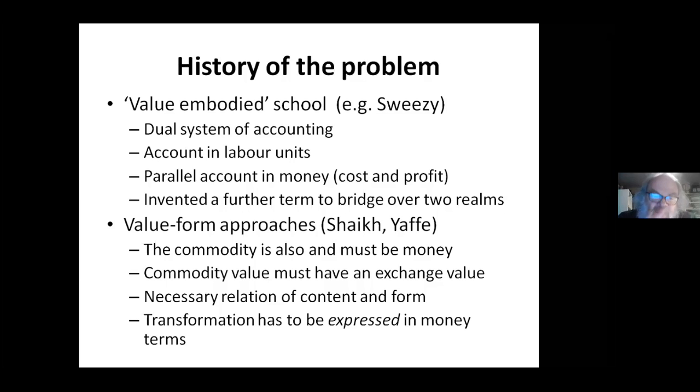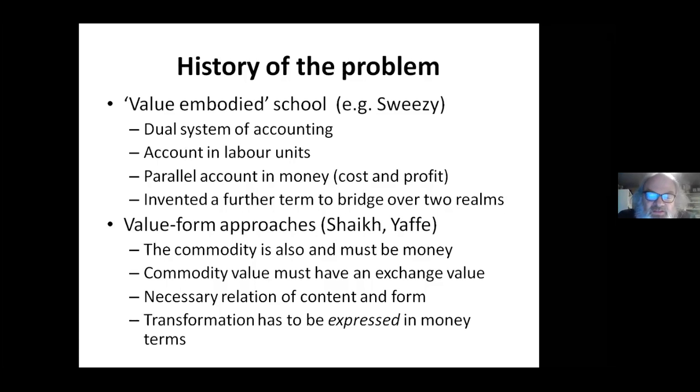And they rightly said, well, the definition of the commodity is not separate from the definition of money. I mean, if we're defining the commodity's exchange value, it also means that we're in effect defining money. And so a value cannot be expressed in any other way except as a sum of money in a commodity producing system.